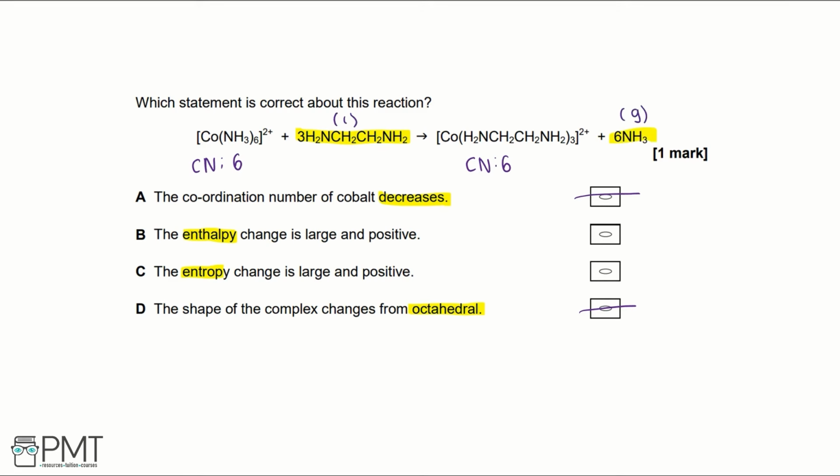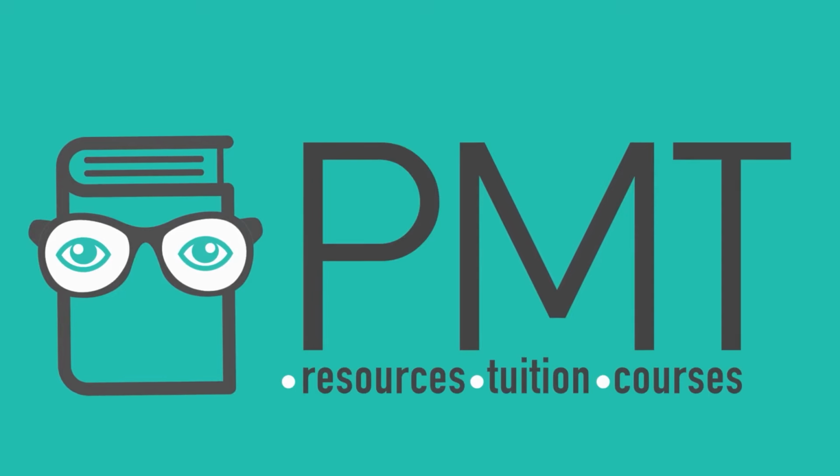And this means our system is getting more disordered, so entropy is going to be positive. And we're going from 3 liquids to 6 gases. So this is a very big, large, positive entropy change, which makes C correct. And so to get the mark for this question, you need to circle the box that corresponds to C.